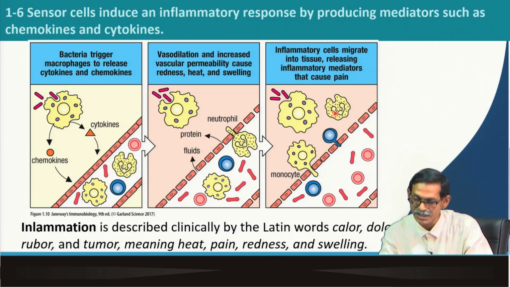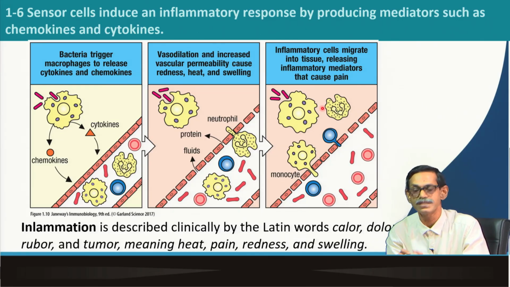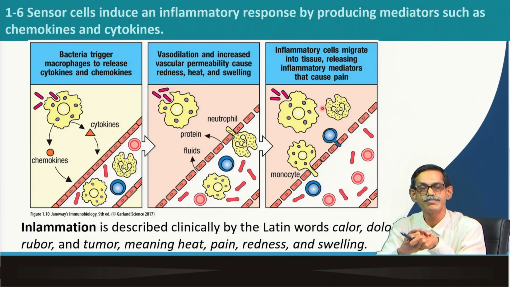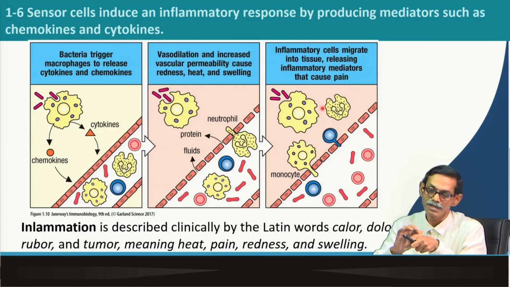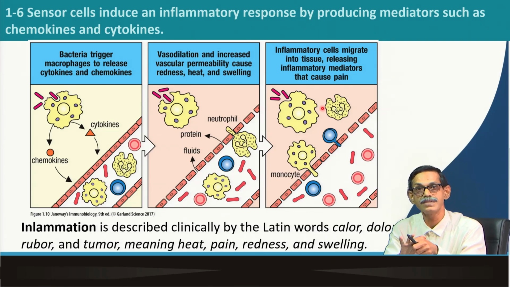Then all these cells enter, and the inflammatory response means all the cells will migrate to this particular site, which will swell this place. There will be some heat, that particular place will be slightly hotter than the rest of the body, and there will be pain. Another thing is redness.